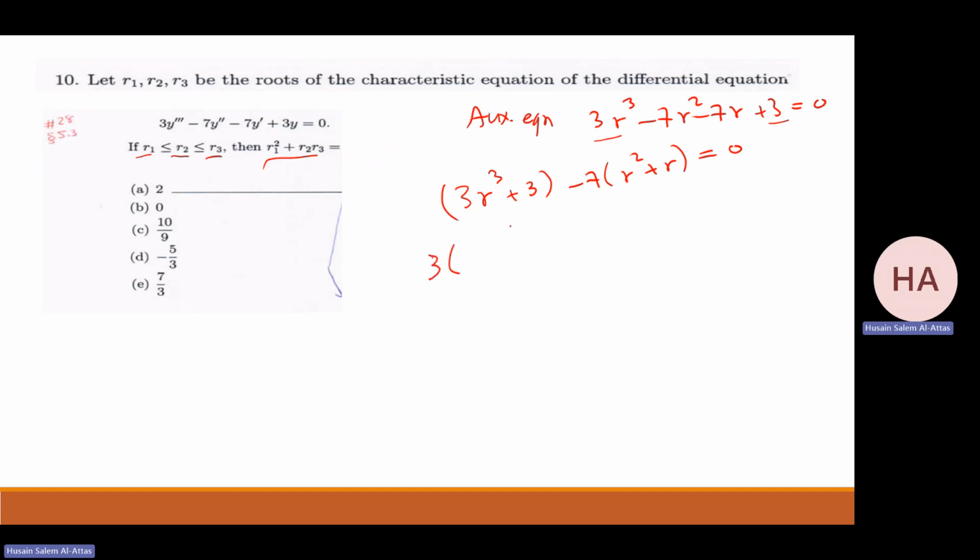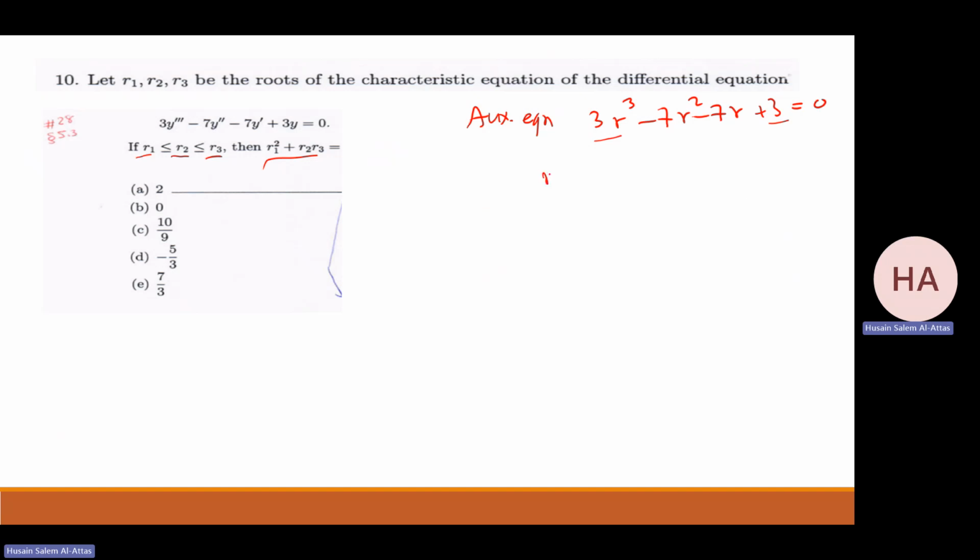I have 3 times r cubed plus 1, which is r plus 1 times r squared minus r plus 1, and this one minus 7r times r plus 1 equals 0. Or you know what? Yeah, then by grouping you can take this and that, then you can finish it. Let me do it in another way. This is one way. Another way, just by inspection, actually that helped me.